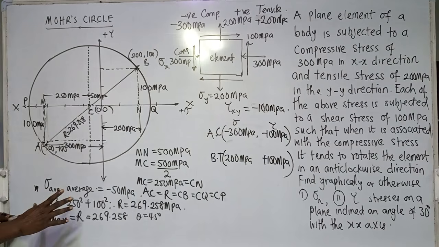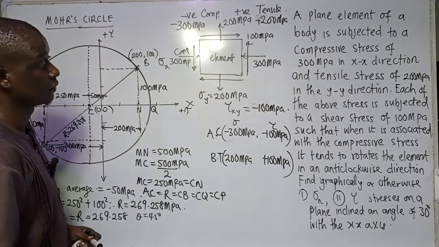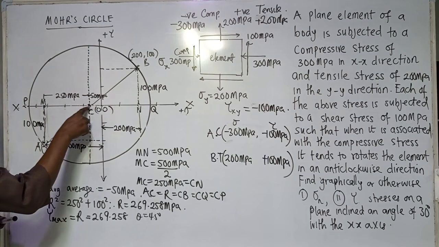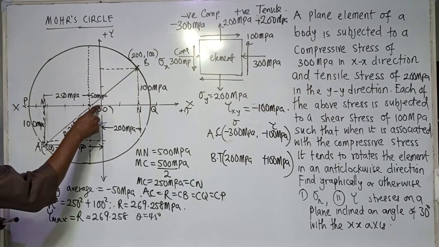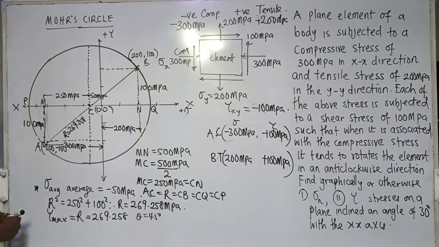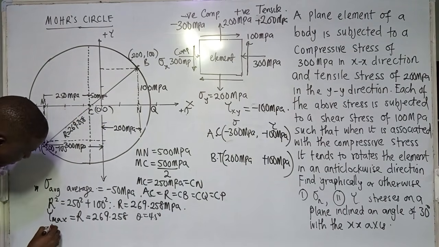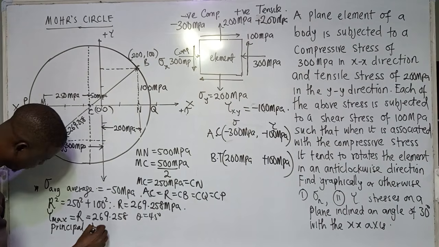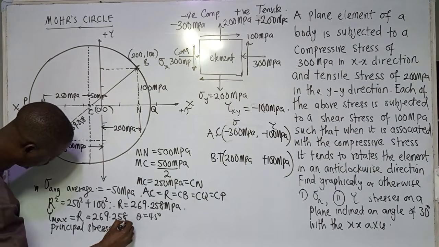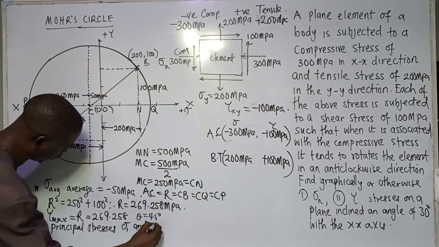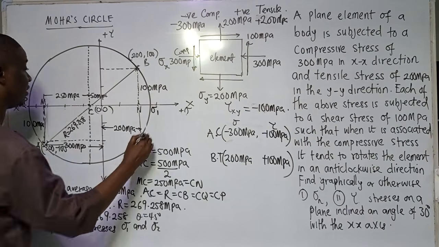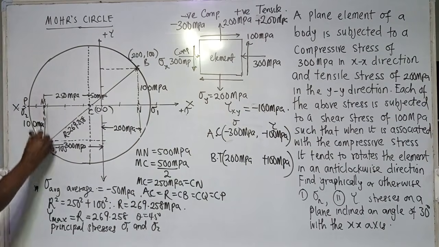Let's say something in the question. This average stress can produce the principal stresses, which are sigma 1 and sigma 2. Sigma 1 is here, and this is sigma 2.